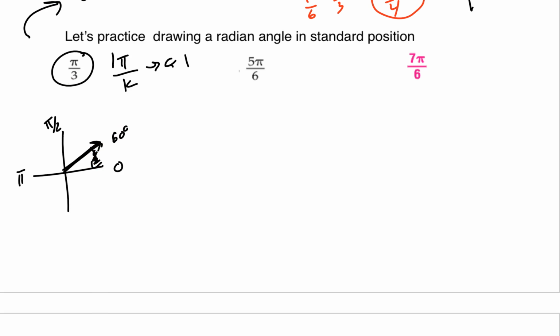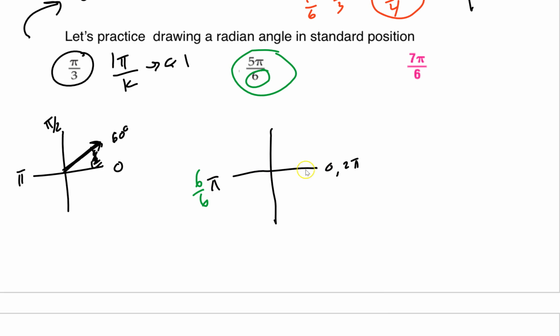The next one, that's where it's starting to get fun. 5 pi over 6. So it's not in quadrant 1. The way I do this is like this. So 5 pi over 6, let's look at the denominator. That's all I really care about. So I'm going to make a common denominator, make this 6 over 6.